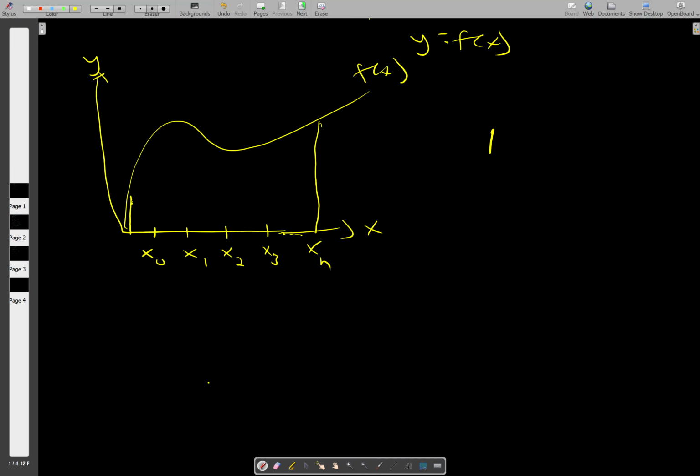Then we have the corresponding y values.